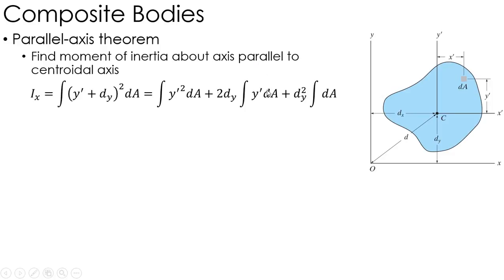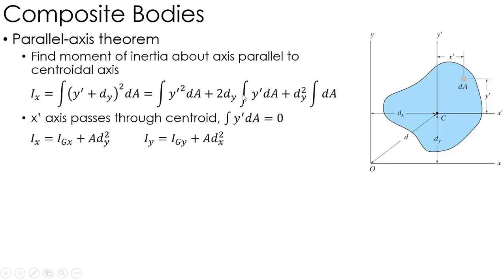Now, this center term, because my x prime axis goes right through the centroid, if you remember our definition of a centroid, it was the integral of y dA over the integral of dA. If the centroid is at y equals 0, the integral of y prime dA is equal to 0, so that middle term falls out.